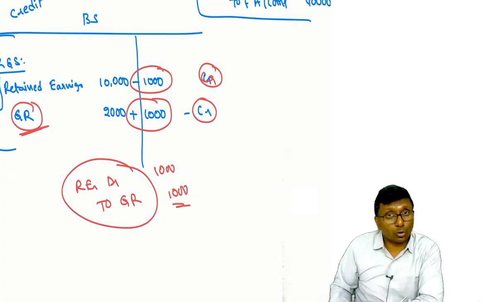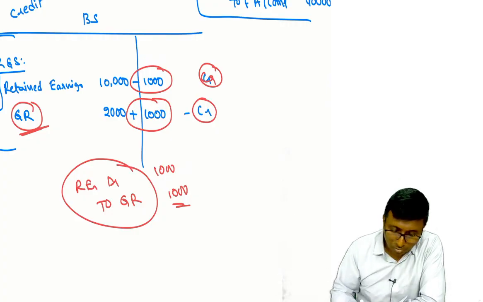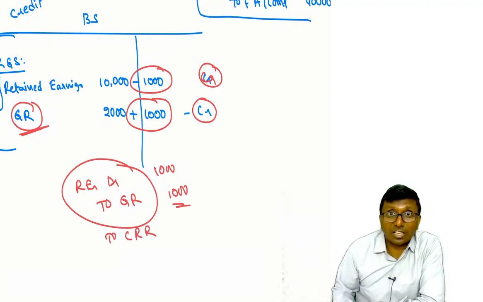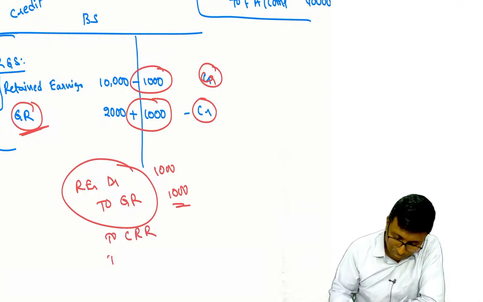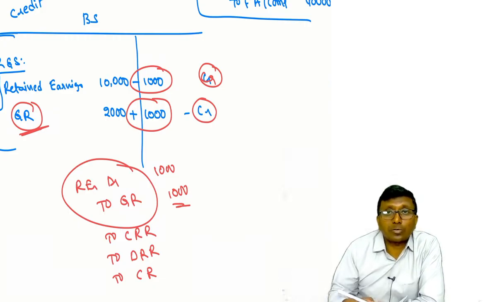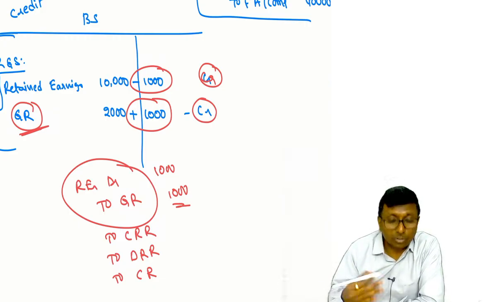If he says transfer it to capital reserve, transfer. Whichever reserve name you want, you write it. Capital redemption reserve, transfer it. Debenture redemption reserve, transfer it. Dividend equalization fund account, transfer.